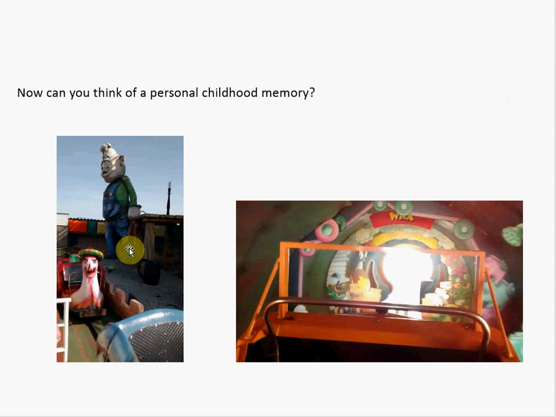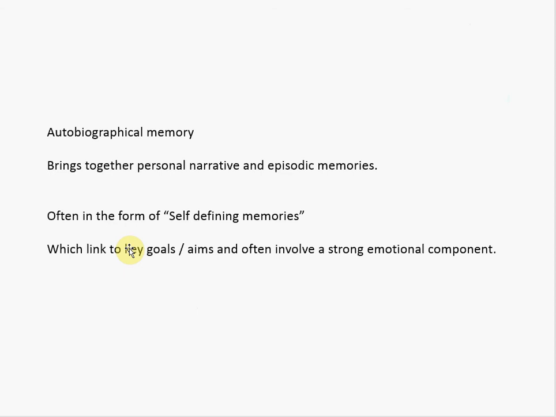It's interesting to reflect on those particular memories that we do have from our childhood and what they might be telling us. What we're talking about here is the phenomenon of autobiographical memory, which brings together both the personal narrative and episodic memories.